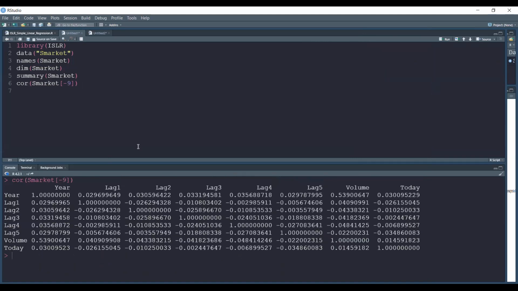Okay. So these are the correlations. What do we mean by correlation? It's just if it's a positive correlation, then between two variables. So let's take an example.